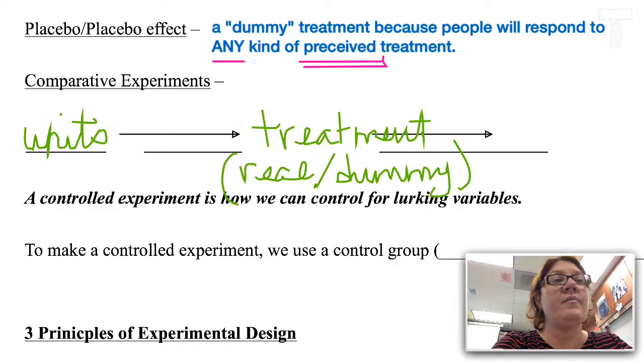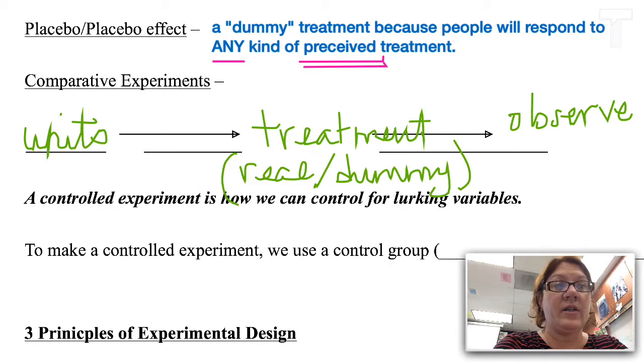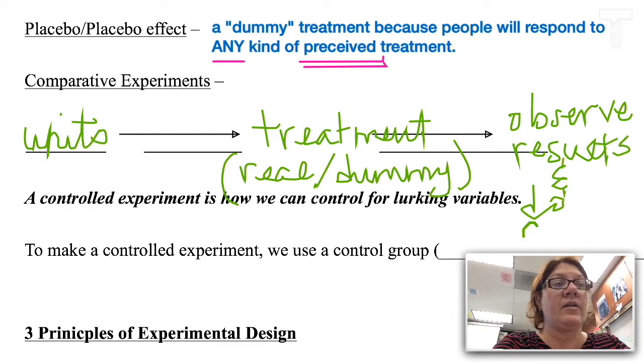And then I observe what happens. I will pick some measurements and notice, did they get taller, did they get stronger, did they get sicker, did they get better? So I observe the results, and I do some analysis on that. I compare.